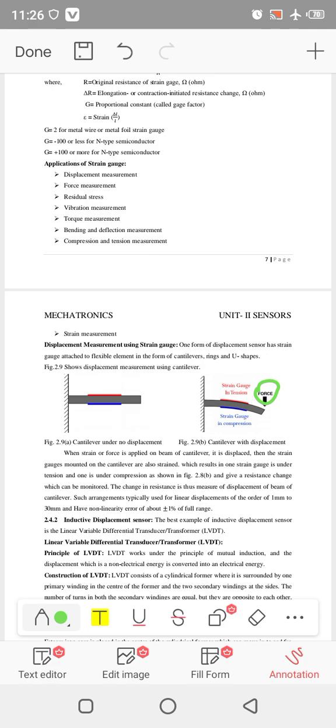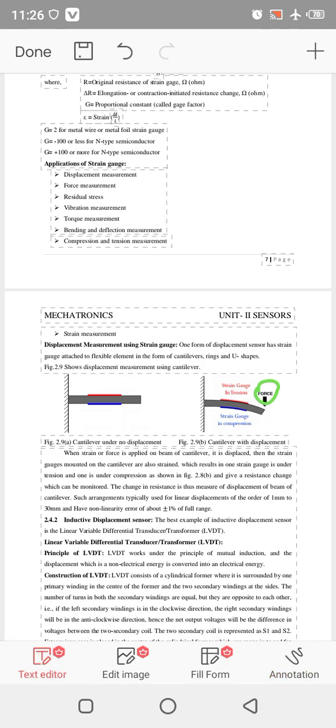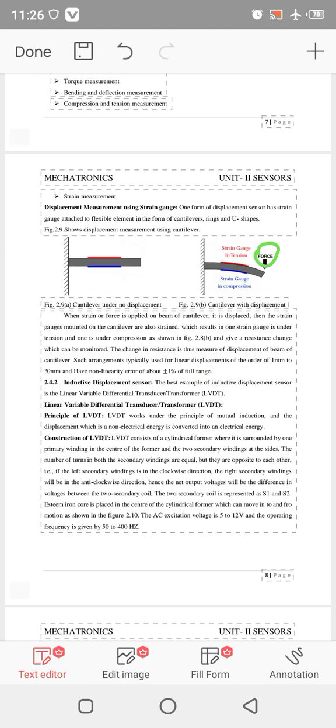Our other type of displacement sensor is the inductive sensor. The best example of an inductive sensor is the LVDT, linear variable differential transducer or transformer.